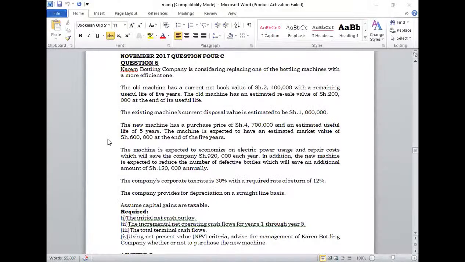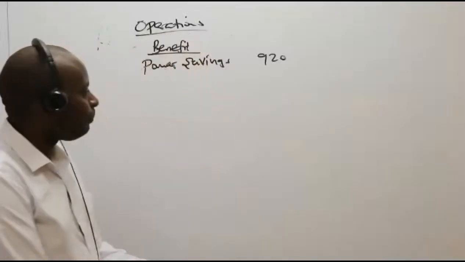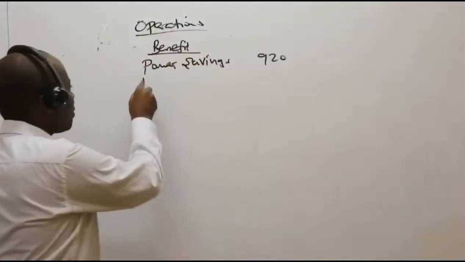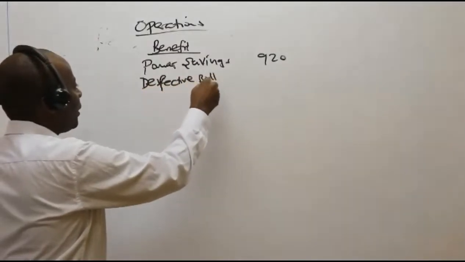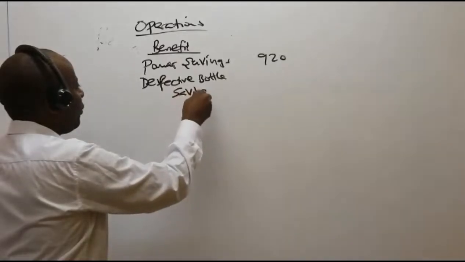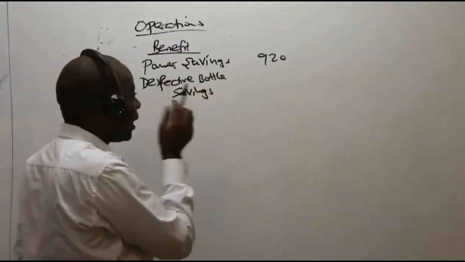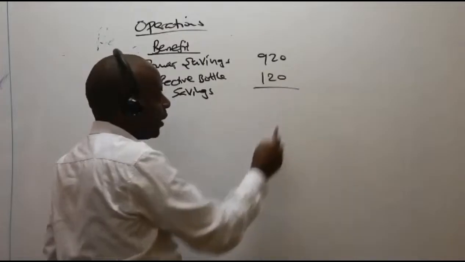In addition, the new machine is expected to reduce the number of defective bottles, which will save an additional amount of 120,000. So 120. We have here defective bottle savings of 120.